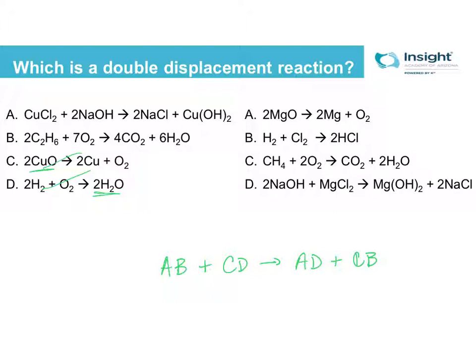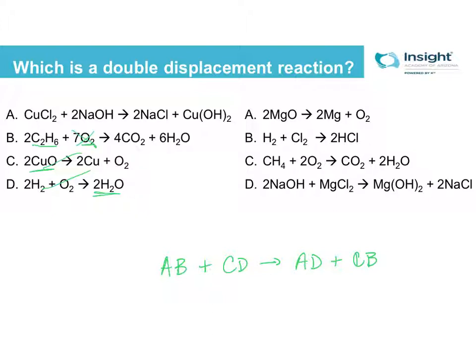So now we got to look a little bit closer. Which one has 2 compounds that are switching spots with each other? And by compounds, that means there has to be more than 1 element present in the chemical. So like C2H6 is a compound, but oxygen's not. So there couldn't be any switching here.